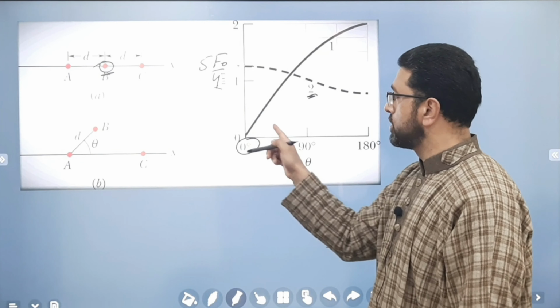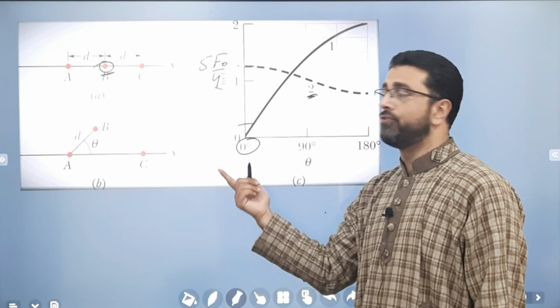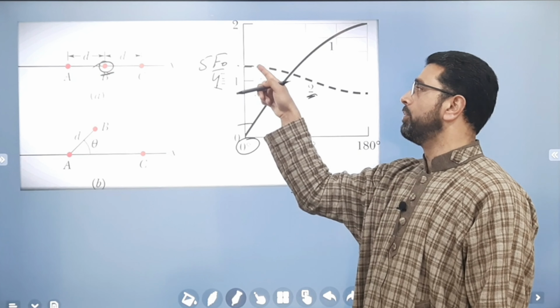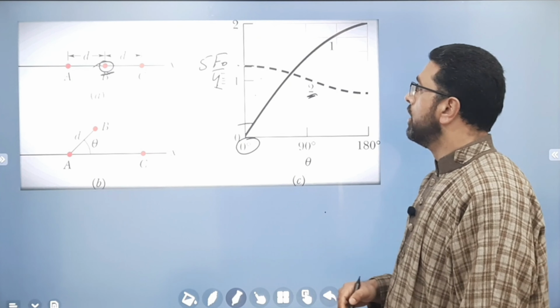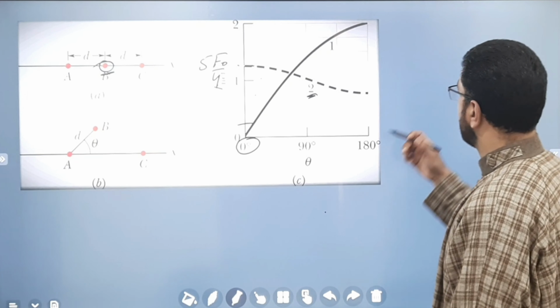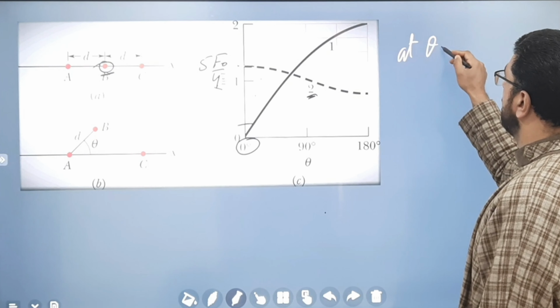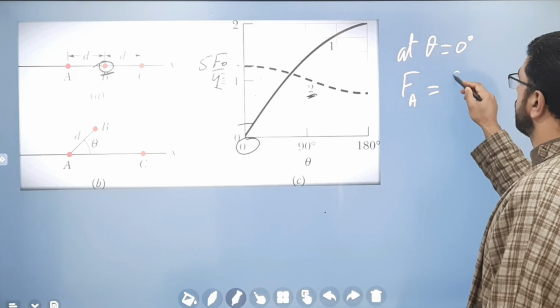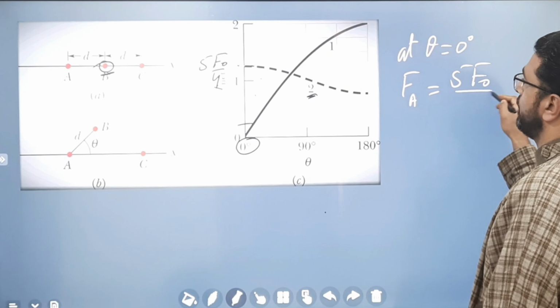Remember, we already discussed one of the divisions is equal to F0 by 4. So 1 F0 by 4, 2 F0 by 4, 3 F0 by 4, 4 F0 by 4 and 5 F0 by 4. So at theta equal to 0 degrees, force on A is equal to 5 F0 divided by 4.